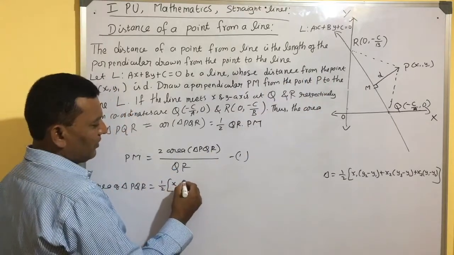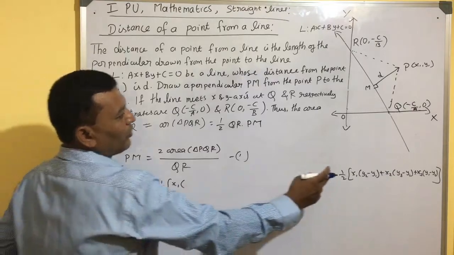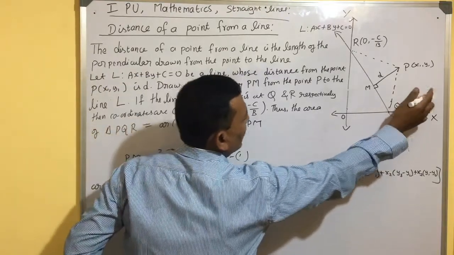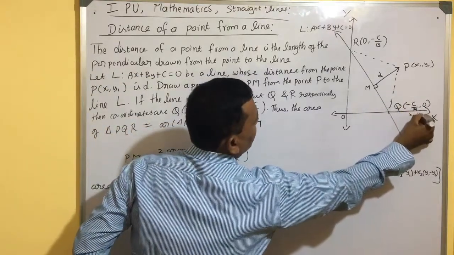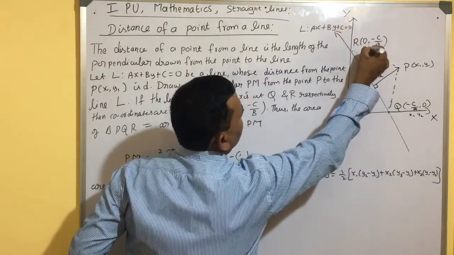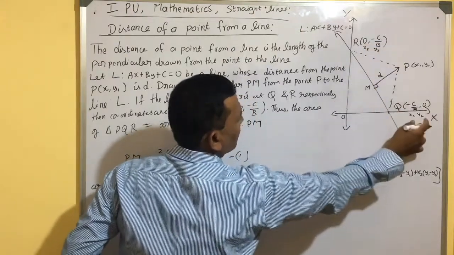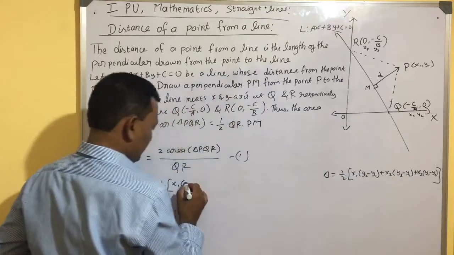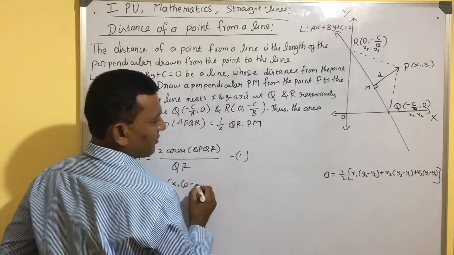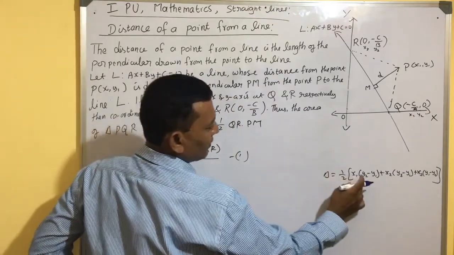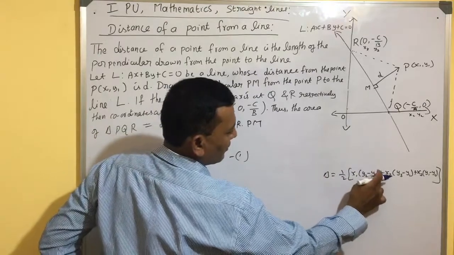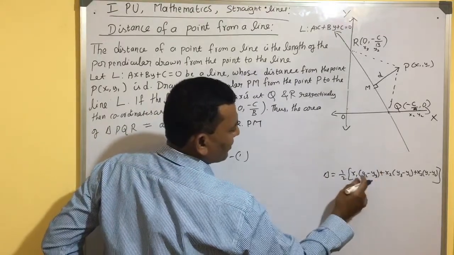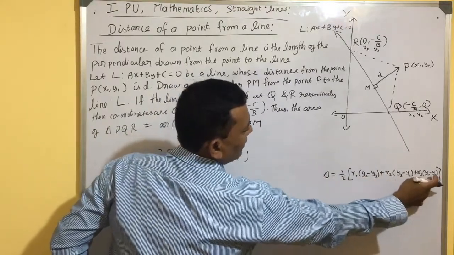So this is equal to half into x1 itself into y2 minus y3. I am taking this as x2, y2 and this one as x3, y3. In that case, y2 is 0 minus y3. Sorry, it should be y3. The pattern is 1, 2, 3; 2, 3, 1; 3, 1, 2.